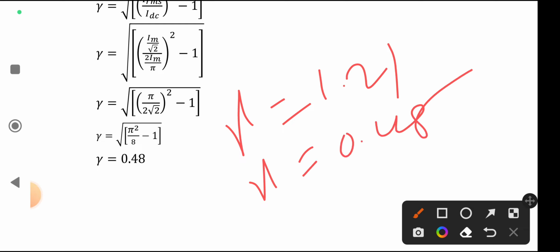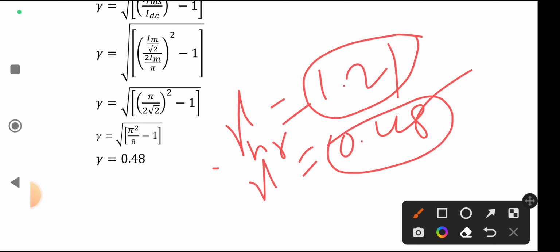The meaning is that in a half wave rectifier, more AC is present at the output, but in a full wave rectifier, compared to the half wave rectifier, less AC is present. So that is the meaning of this.